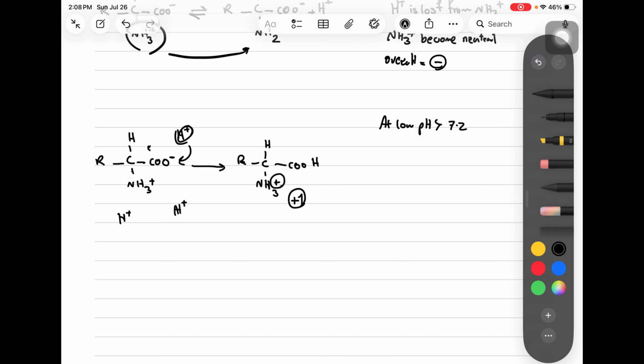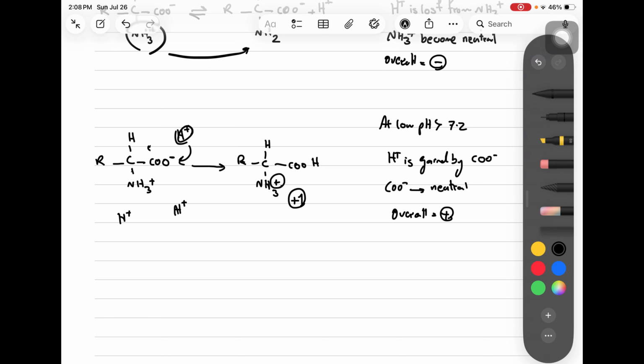So basically at low pH, H plus, the proton is gained by the carboxylic group. The carboxylic group becomes neutral. The overall charge is positive.